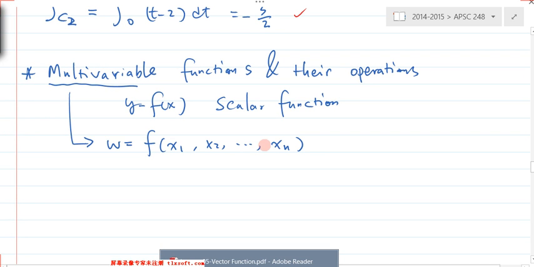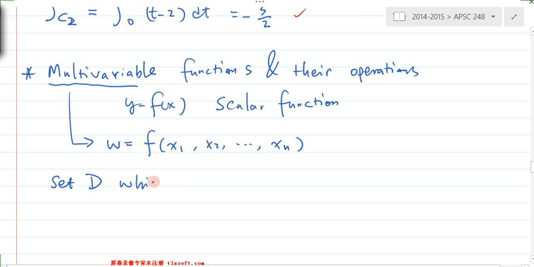Now, if I give it a proper definition, you basically have a set D of so-called n-tuples x1, x2, up to xn, which is basically a vector of n dimensions.